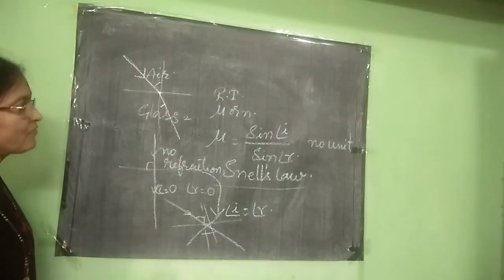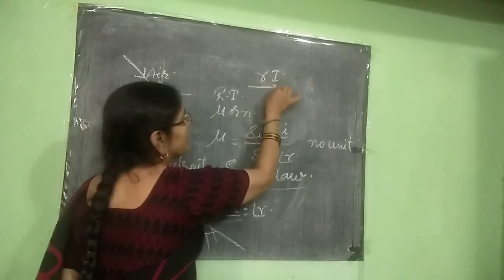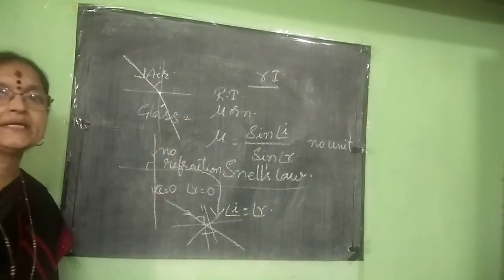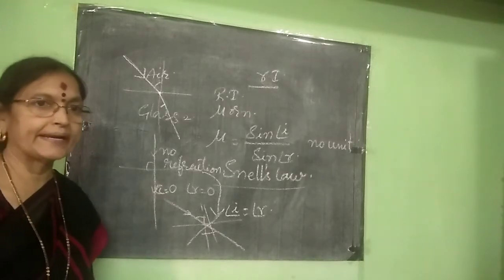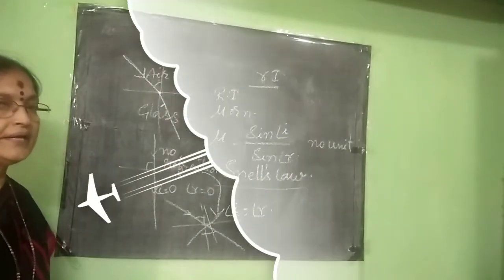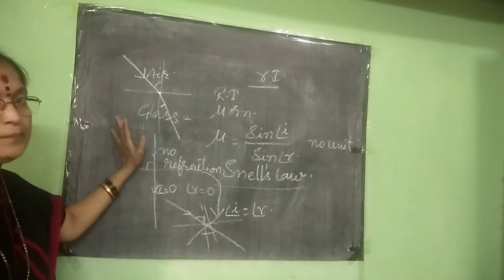So on what factors does this mu, the refractive index, depend? It depends upon the material medium, whether it is glass or water or air. It varies with the medium, and it is directly proportional to the material medium.